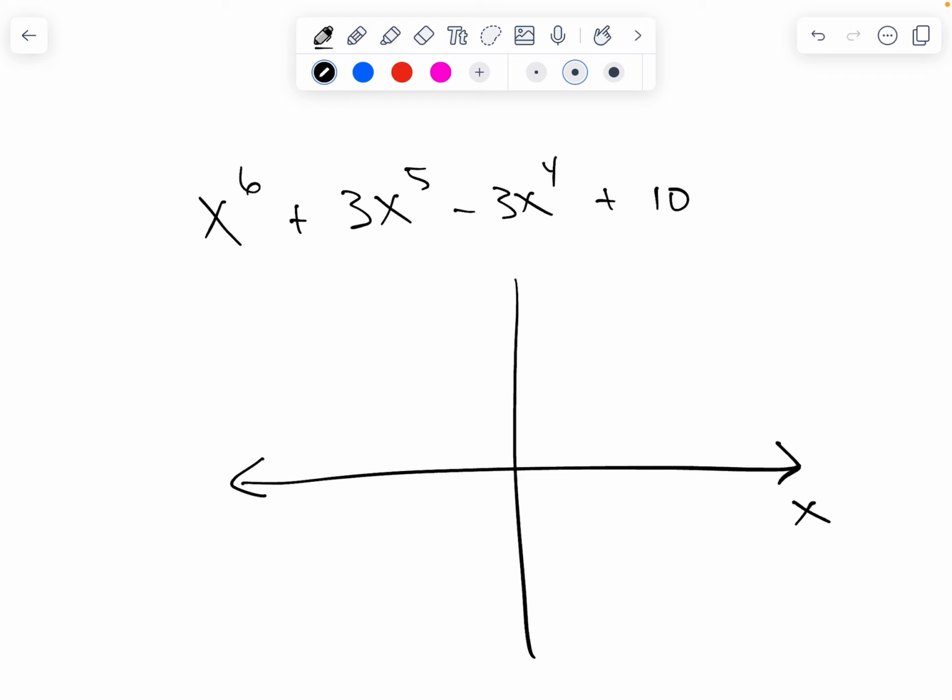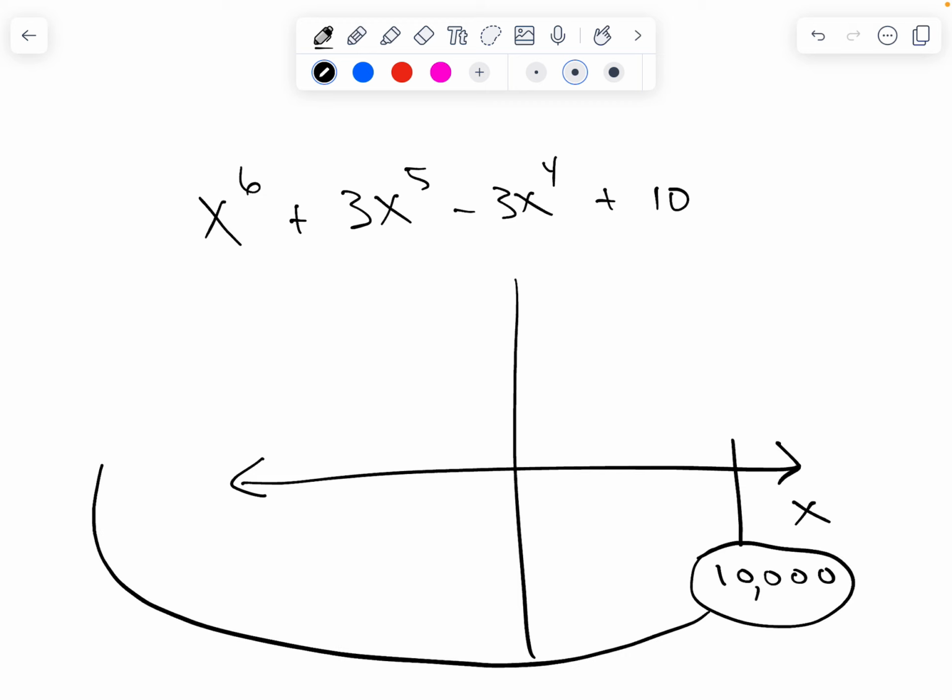So let's take a number, just some number like 1,000 or 10,000. So if we take 10,000, that's just kind of a stand-in for infinity, and we take 10,000 times 10,000 times 10,000 times 10,000 times 10,000 times 10,000, 10,000 to the 6th power, is that going to be positive or negative? And of course, it's going to be positive because it's a positive number.